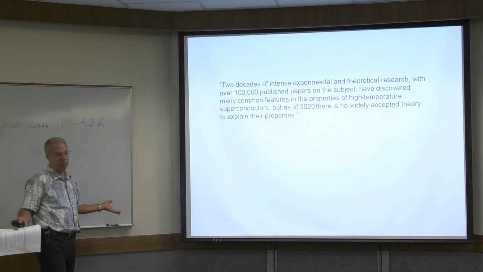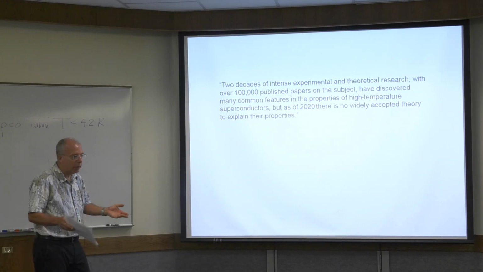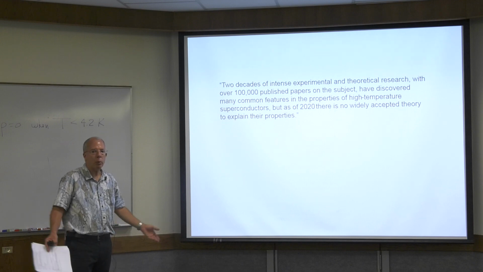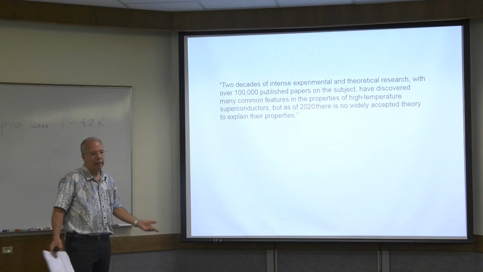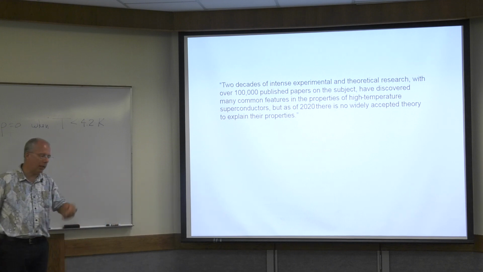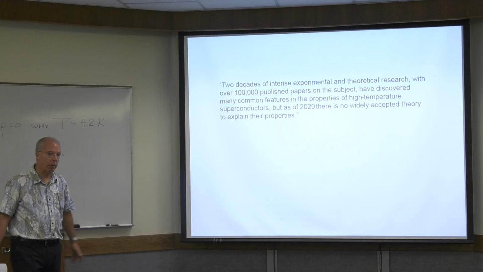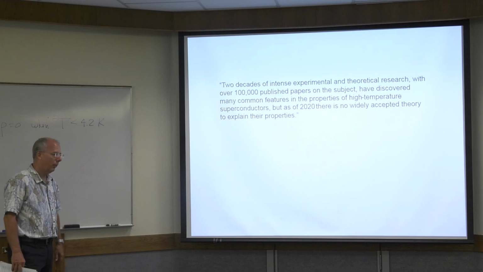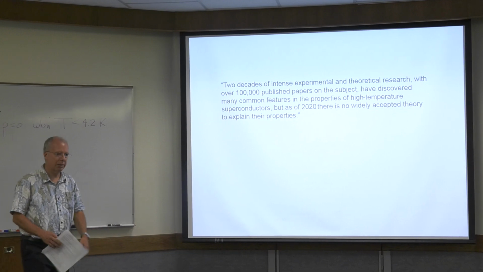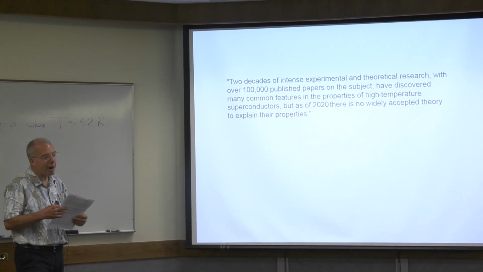So that's the problem, right? If we don't have a theory to explain high temperature superconductivity, how in the world can we develop it? It's like looking for a needle in a haystack. So that's basically what's going on in the world today. We don't have any theory to lead us along, and that's why we're not making a whole lot of progress.